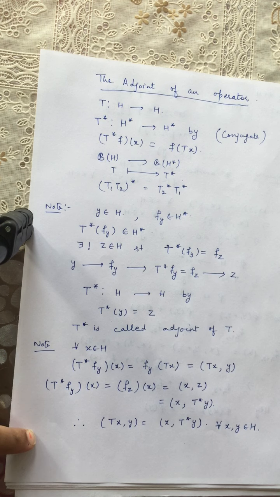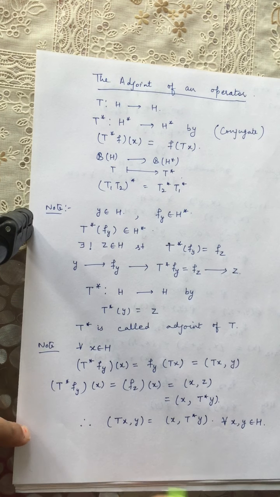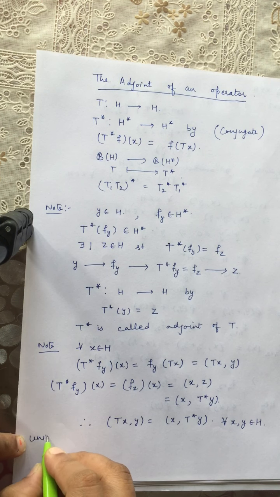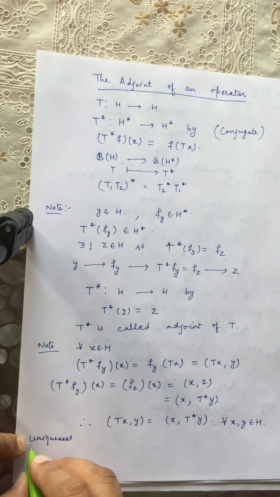Means for an operator T, there is a unique adjoint operator. So we can prove here uniqueness of the adjoint operator, which is proved by this property of the adjoint.